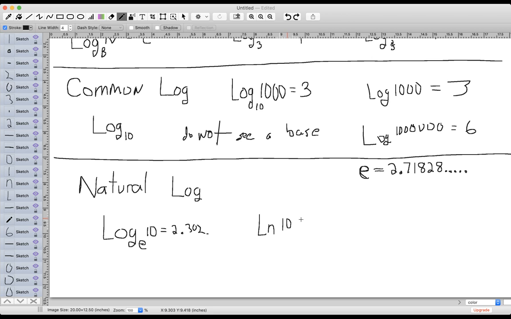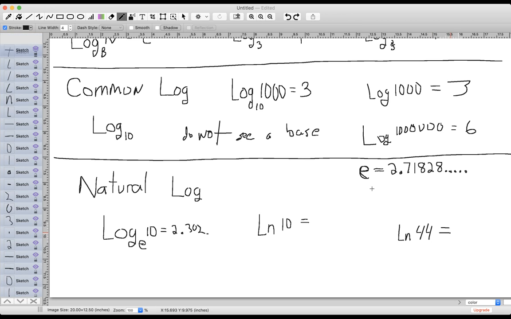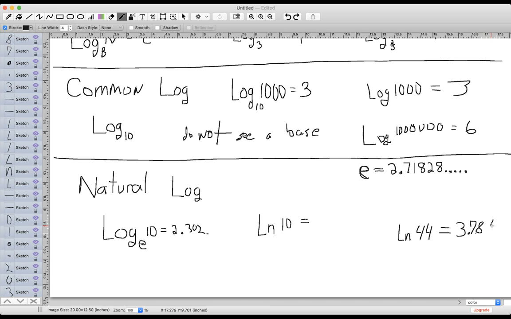I can just put the ln of 10. So if you see just the ln of, I don't care, 44, that means we are talking base e. So again, in my calculator, I just type in 44 and hit the LN button, and I find out I would have to raise that number e to 3.784 to get approximately 44.